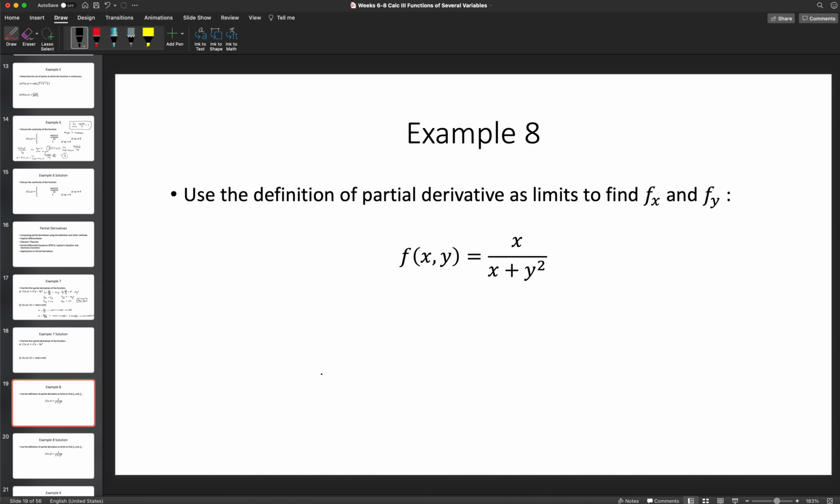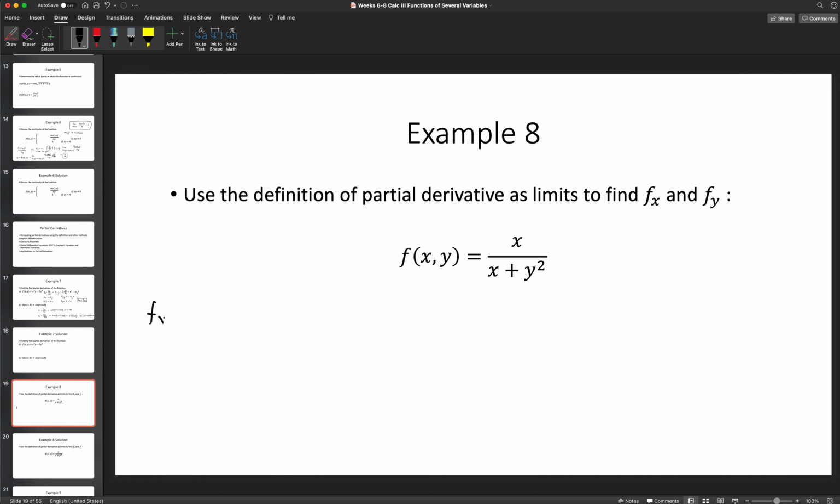Let's look at example 8. Use the definition of partial derivative as limits to find the partial with respect to x and the partial with respect to y. So using the limit definition is a bit different than just computing it using our normal methods that we're aware of.